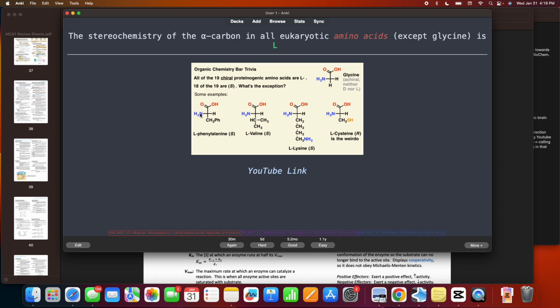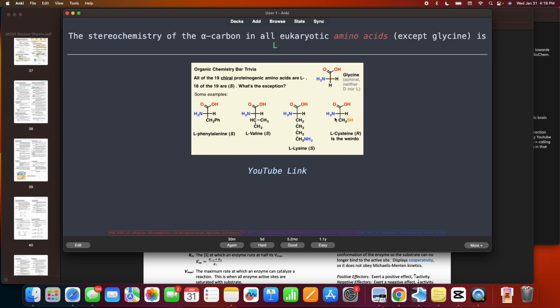The thing is, with all of these, this is number 1, this is number 4, this one is 2, and you go like this, and you reverse it because you're passing through the hydrogen, so you get the S, not clockwise, but anti-clockwise.